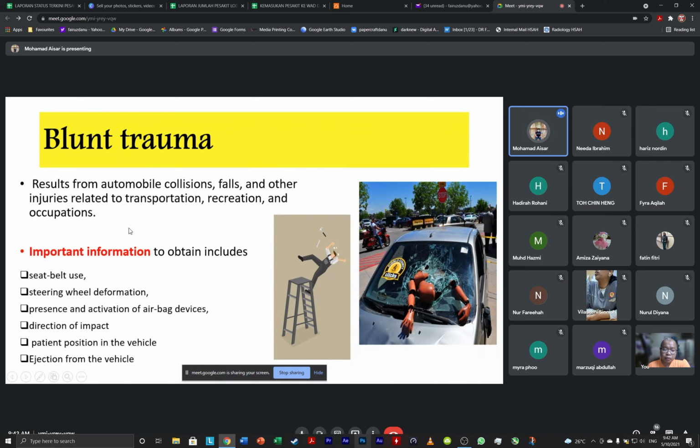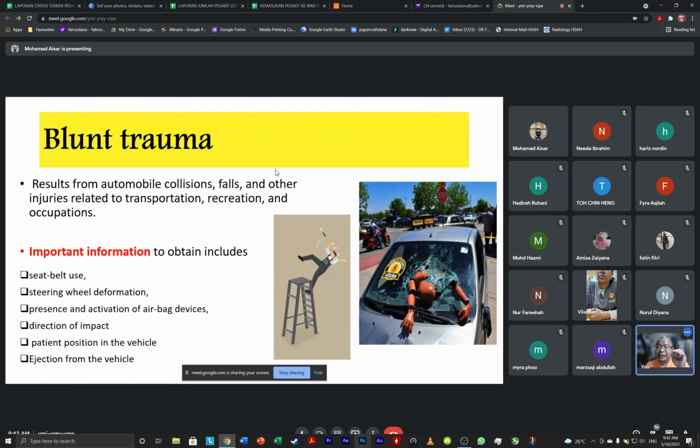Important information to obtain includes whether the patient used a seat belt, if there is any steering wheel deformation present or activation of the airbag, direction of impact, either it is frontal, side or rear, the patient position in the vehicle and also ejection from the vehicle.